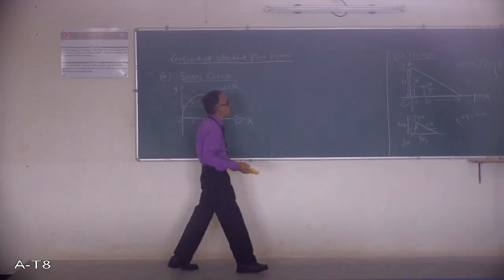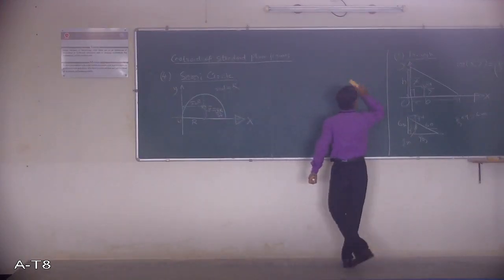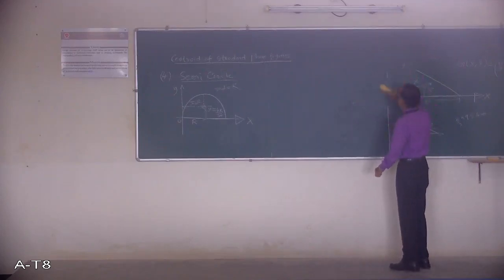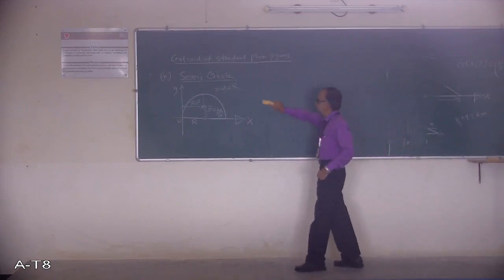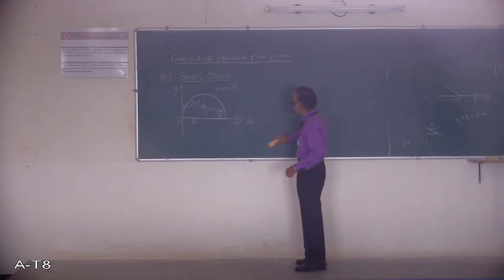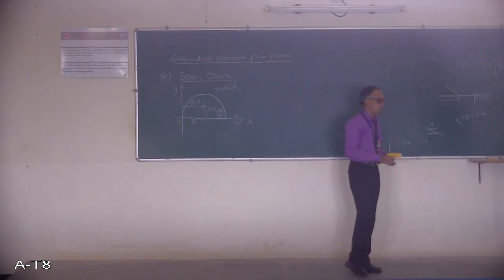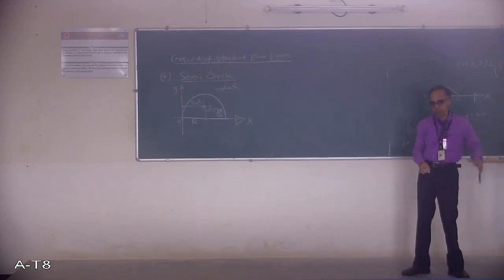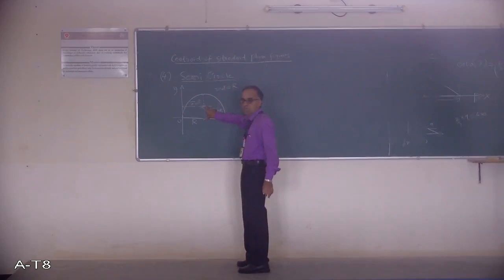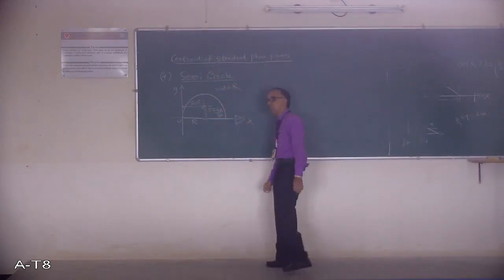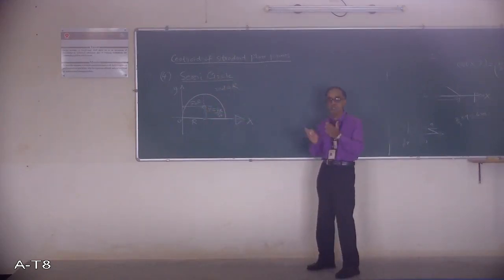Now I will draw some different shapes of semicircle. From that you will be able to understand how we go ahead with this further. For example, I told you when you measure from this point, y bar is 4r upon 3 pi. So I will draw a semicircle in a different shape.